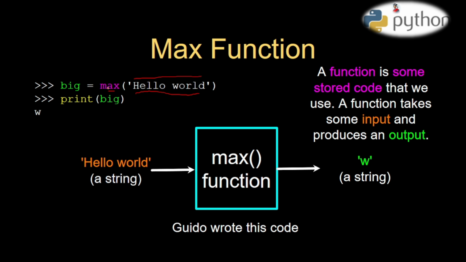The function processes some steps and returns some value when we call this max function. The print then displays this value as output. Good.